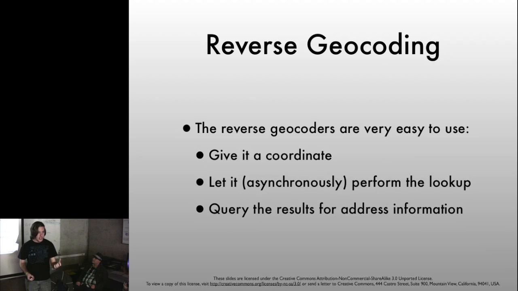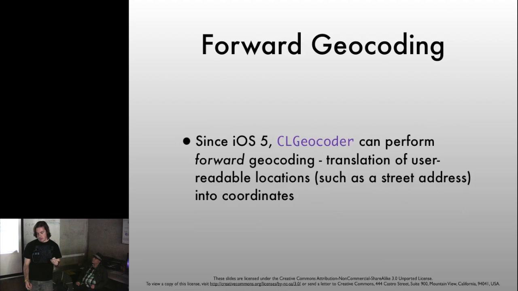You give it a coordinate, then you fire off an asynchronous web request, and then eventually that result comes back with human-readable address information. Now what's cool is CLGeocoder can do forward geocoding, which is the translation of user-readable addresses to actual lat-long coordinates. So if you want to be able to do that kind of translation, you need to be targeting iOS 5 or later, so that way you can use CLGeocoder.